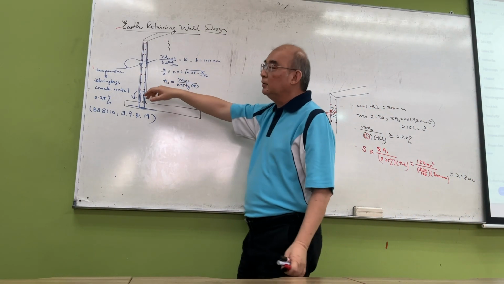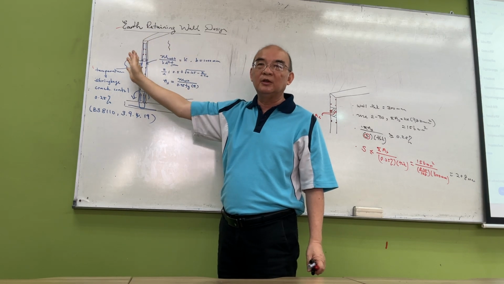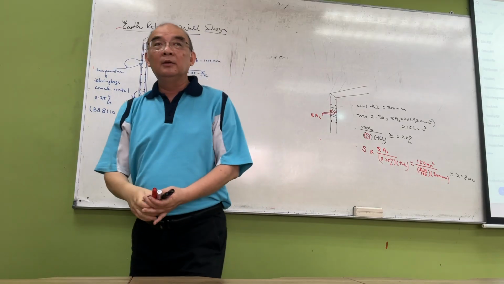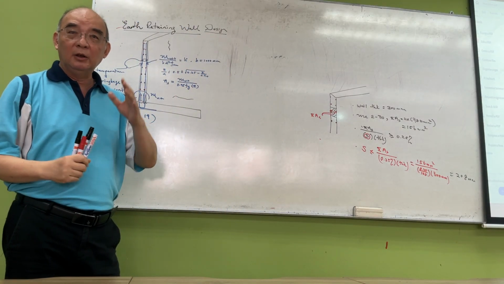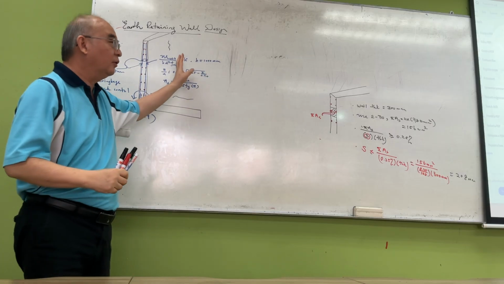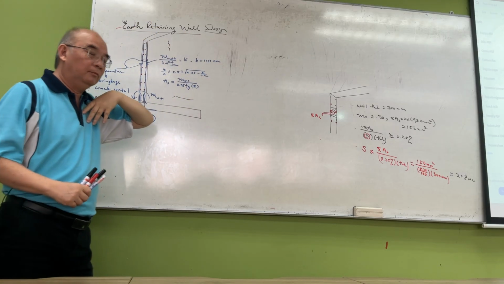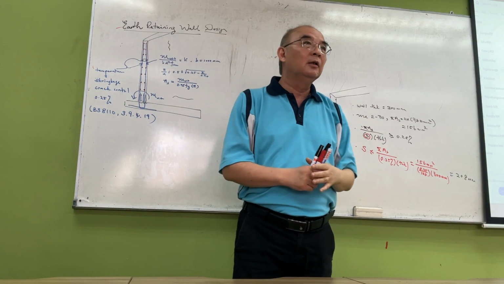Okay, so this is the earth retaining wall design. In summary, this is the wall. So I've already gone through how to design. So if you are really an experienced engineer, when you look at the thickness, when you look at the height, right?